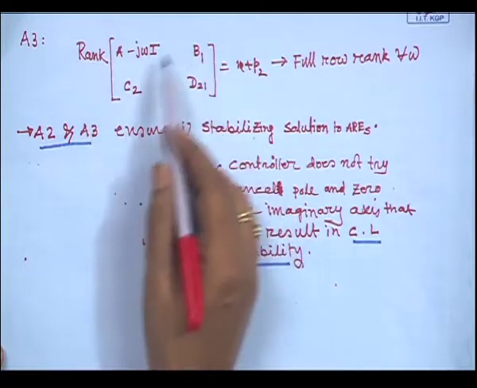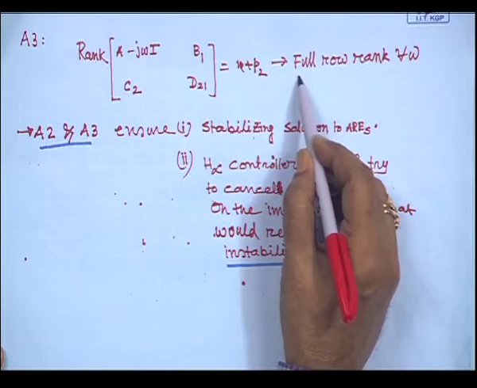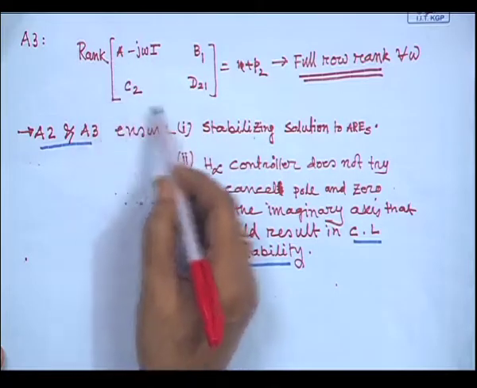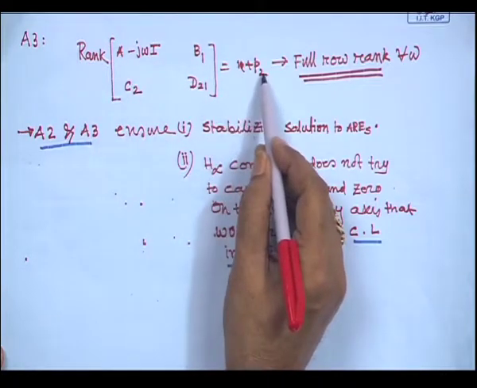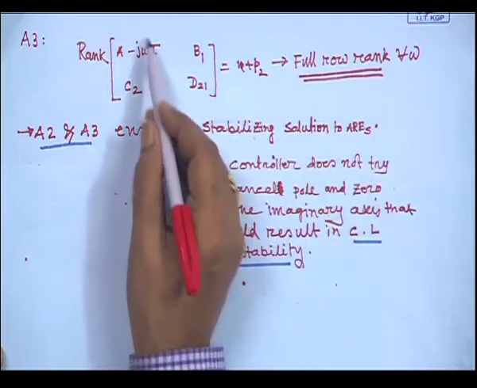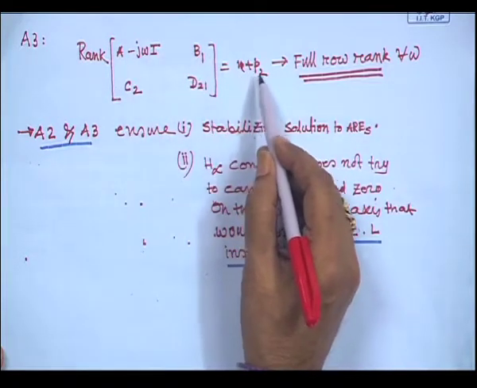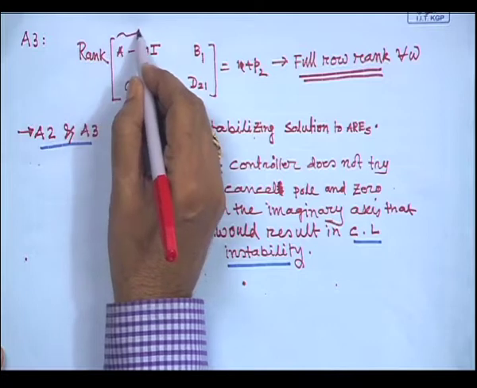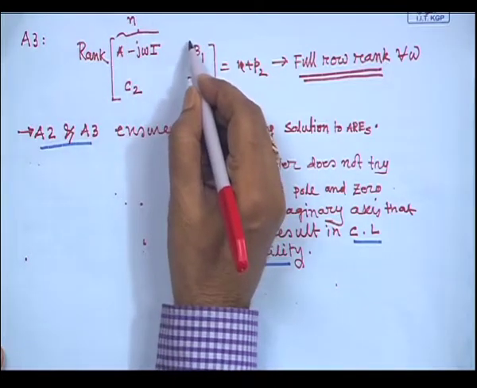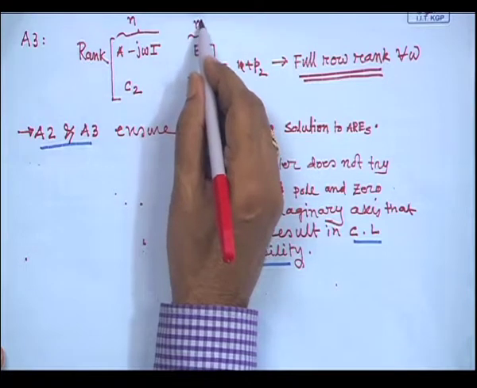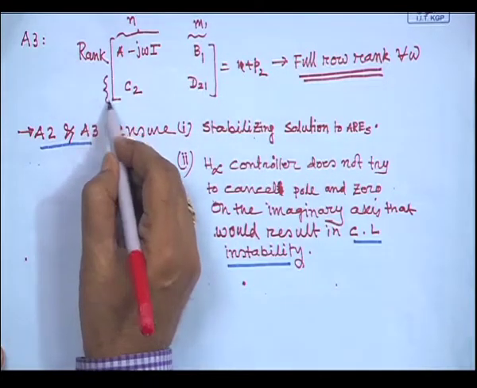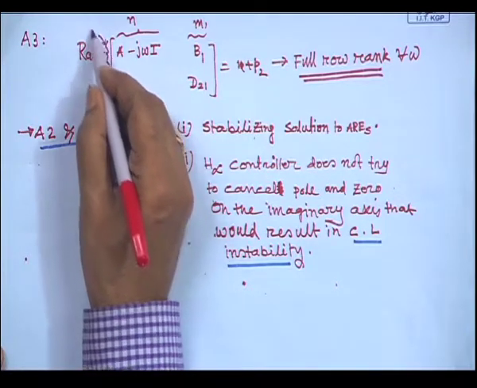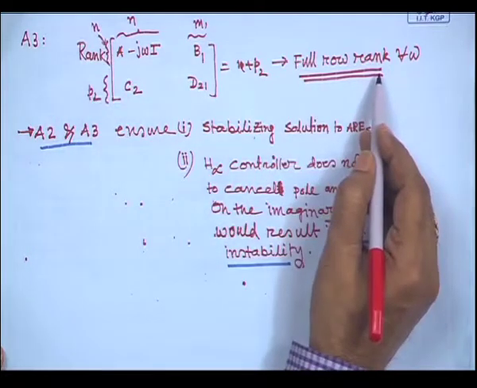That rank should be full row rank for all frequencies. For some frequency omega 1, find the rank; that rank must be n plus p2. For another frequency omega 2, that also must be n plus p2. For all frequencies, this should be full row rank. The column dimension here is n, this column will be m1, this row is p2, and naturally this one will be n. So, this should be full row rank.